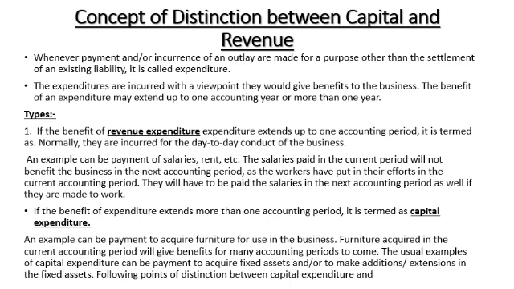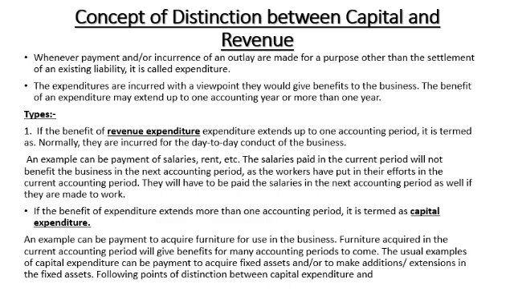The workers put in their efforts for the current accounting period, so they need to be paid. Salary for the next period will be paid when they work in that period. It means an expenditure belonging to one accounting period will be entertained in the profit and loss account, called revenue expenditure.